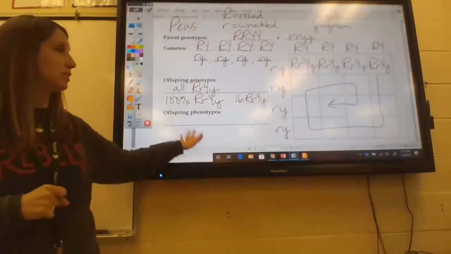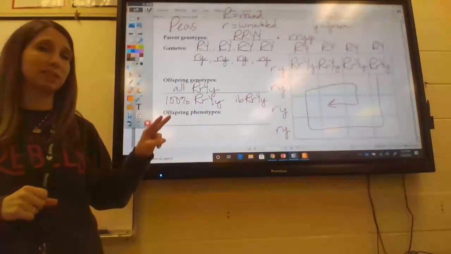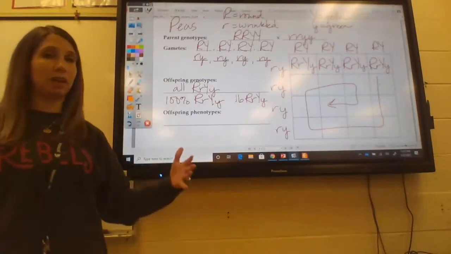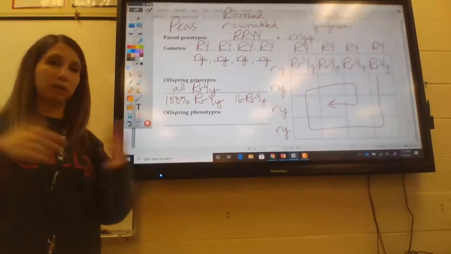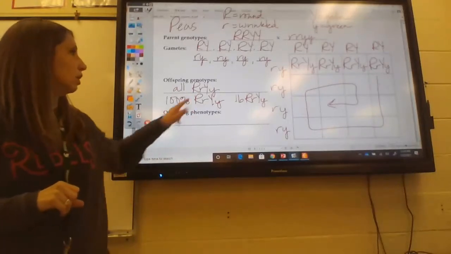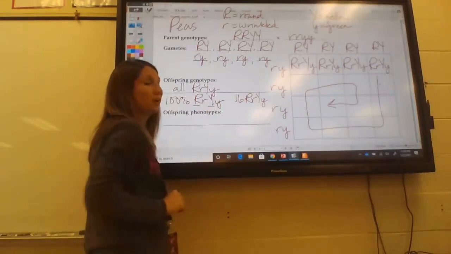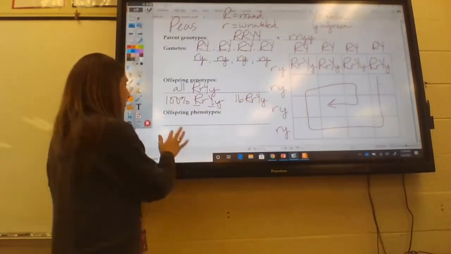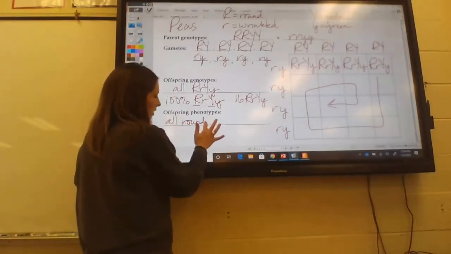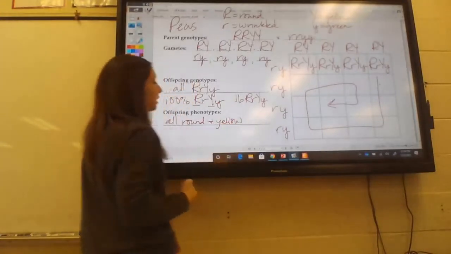Phenotypes, if we think about what these things look like, right? In this case, I'm going to have to write two characteristics down. So it's not just round and yellow. It's going to have to be round or green, and both have to go together in this case, all right? So my offspring phenotypes, all of them have at least one big R, and all of these have at least one big Y. So that tells me that all of my offspring are going to be round and yellow, because big R specifies the round phenotype.